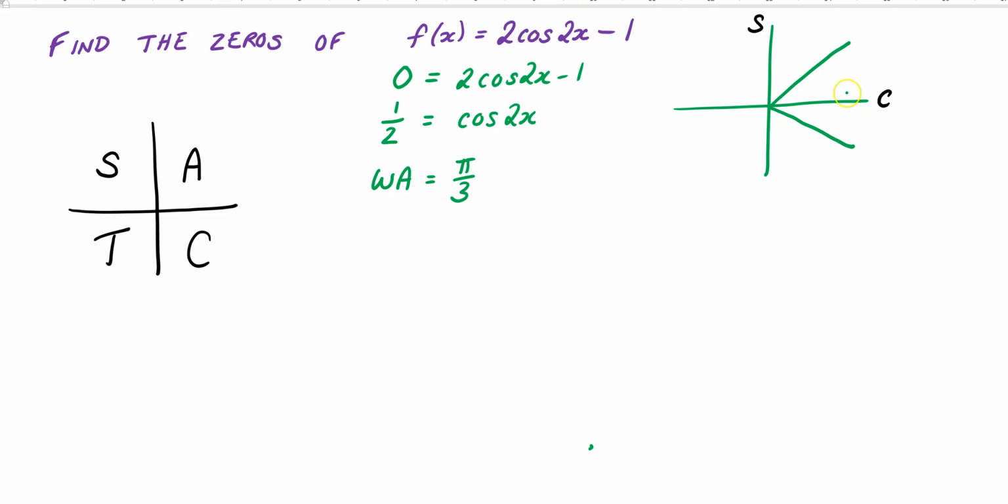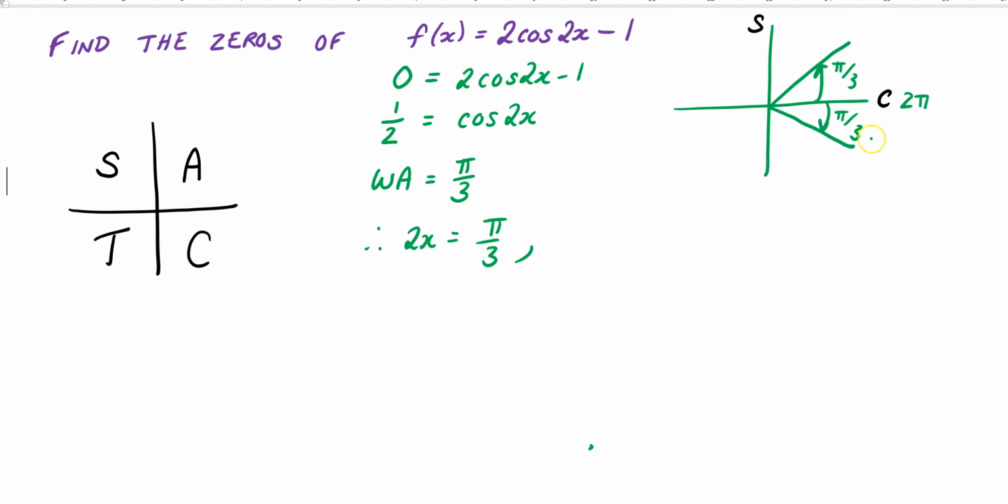So here we go, cosine is positive here, so we've got pi on 3 here and pi on 3 there. We take it from 0 plus pi on 3, therefore 2x will be pi on 3. And then we're coming down, so this is 2 pi, so that's 2 wholes, take 1/3.